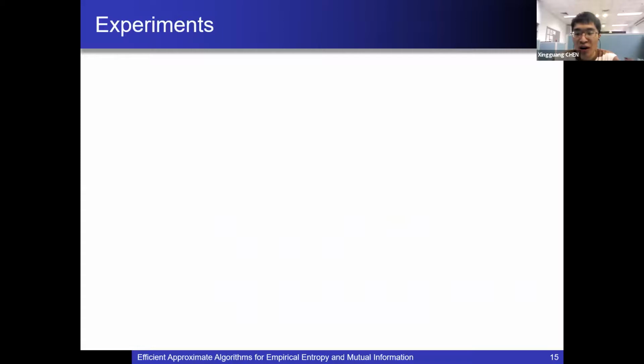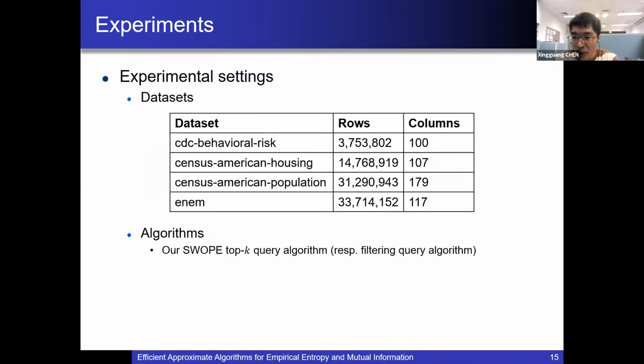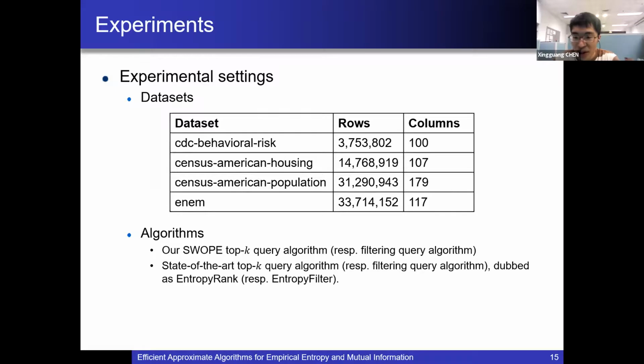Now we introduce our experiments. For experimental settings, we use 4 large real datasets. They are publicly available. For empirical entropy queries, we compare our SWAP top K query algorithm or filtering query algorithm against the state-of-the-art top K query algorithm or filtering query algorithm in previous work, termed as entropy rank or entropy filter.